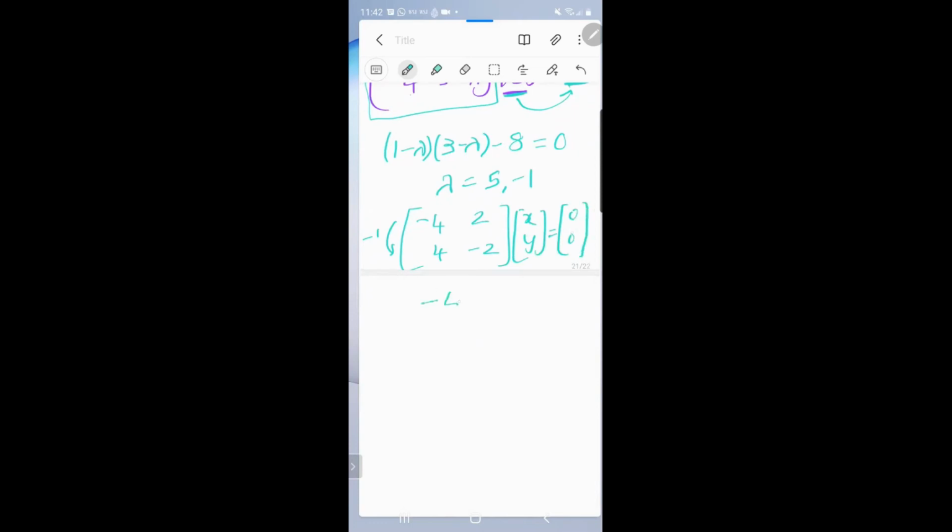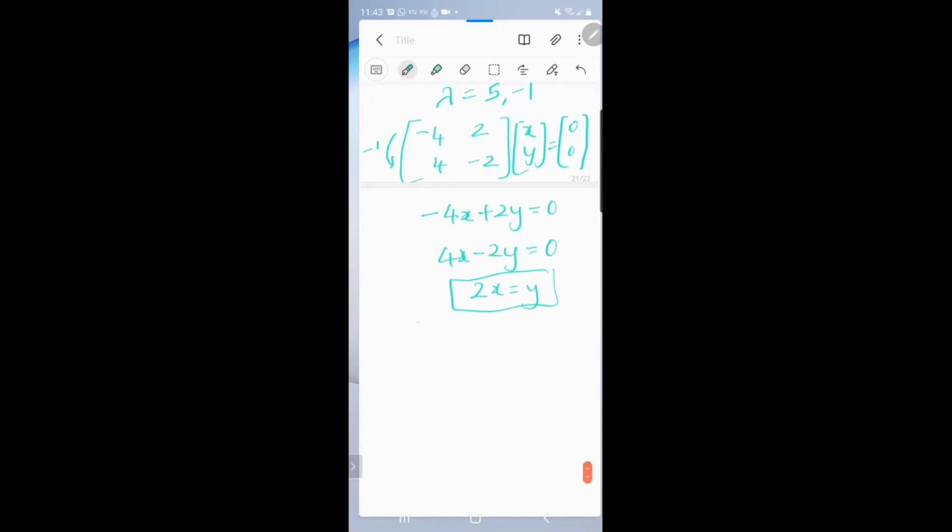So what does that mean? Minus 4x plus 2y equal to 0, or 4x minus 2y equal to 0. Take any one of those equations, you'll get 2x equal to y, right? So our vector xy is really of the form x, 2x, or just 1, 2 in this direction.